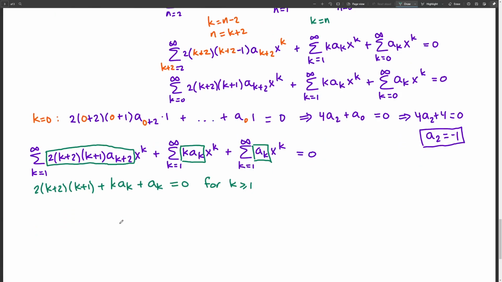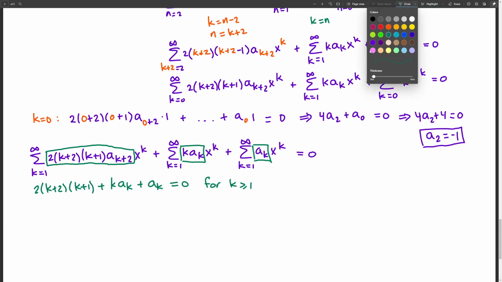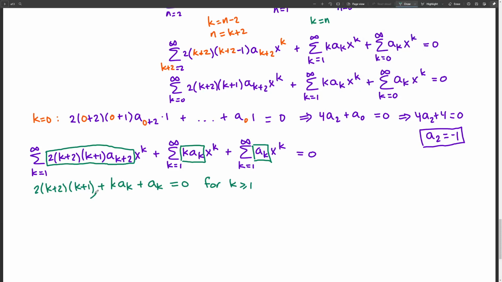And that will turn into a recursive relation. And I notice here that I forgot to include a sub k plus 2. So let's solve this for a sub k plus 2.